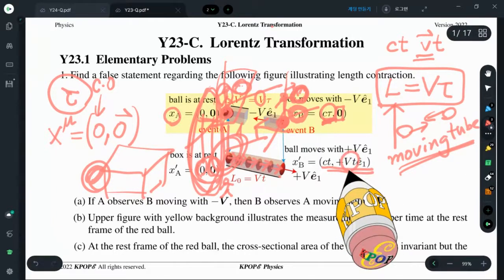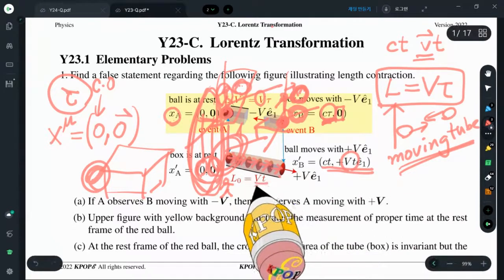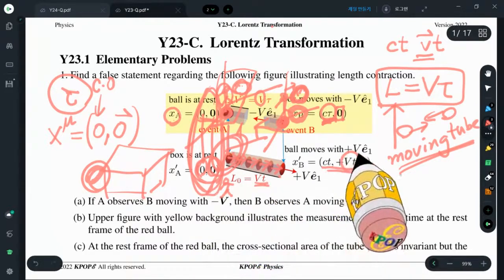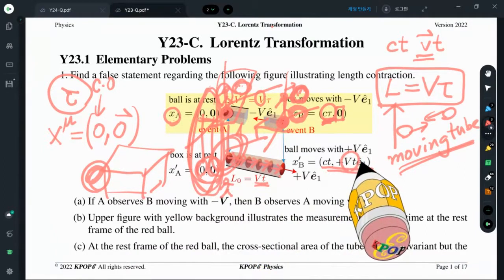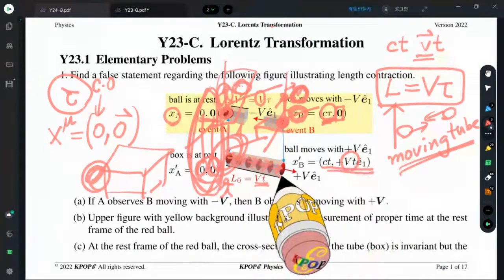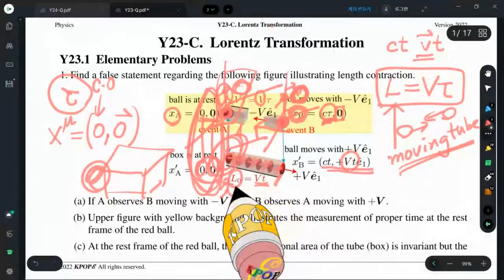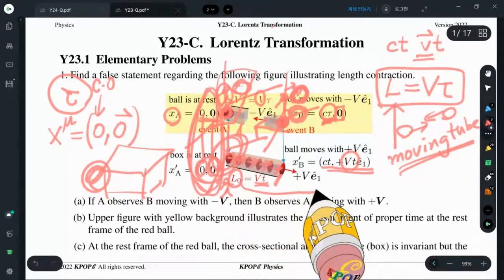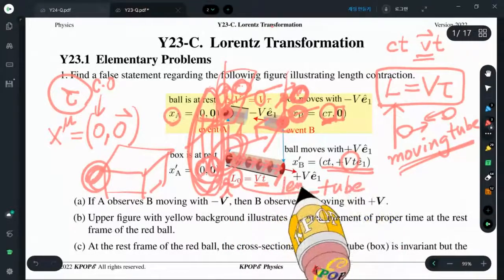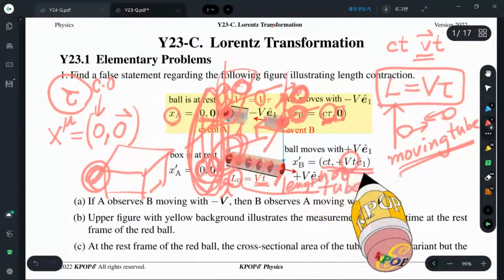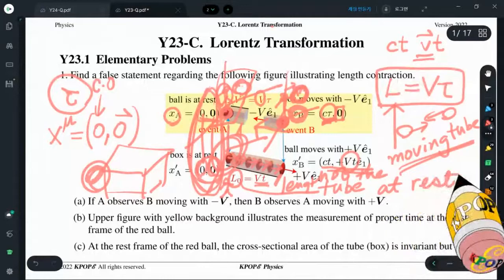So we have vt. That is what? Time t has passed. At that time, this red ball reached the point of L0. L0 is the length of the tube at rest.